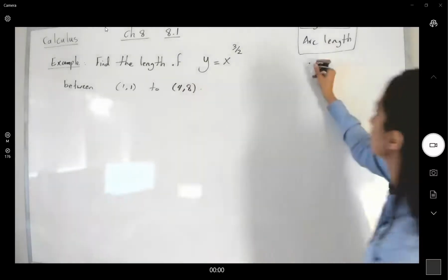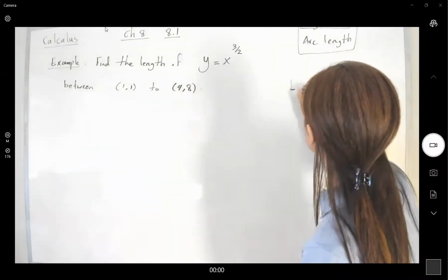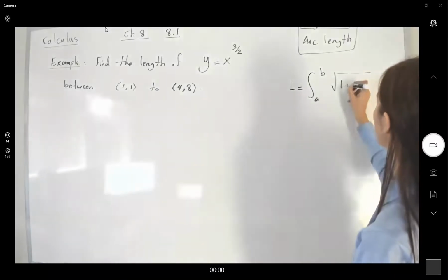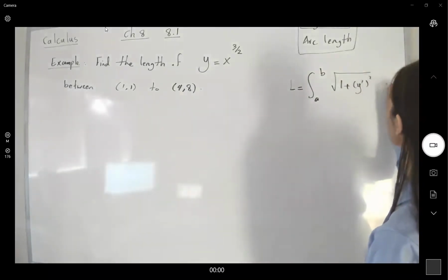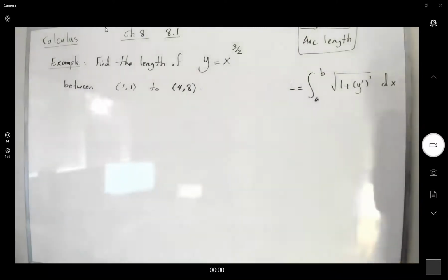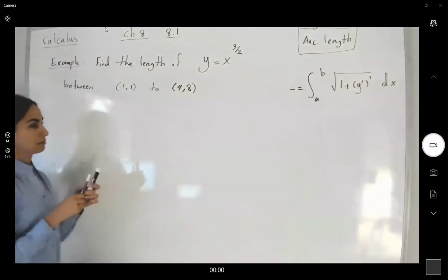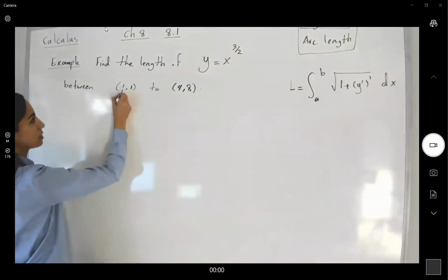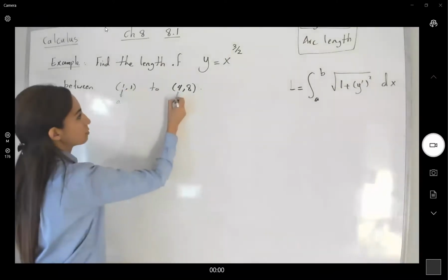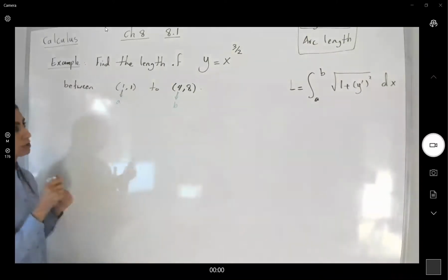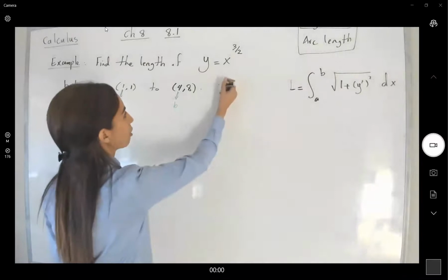So recall that the arc length, L, is the integral from a to b of the square root of 1 plus the derivative of the function raised to the second power dx. Okay, so everything is crystal clear. My x is bounded between 1 and 4. This is my a, this is my b, the initial point and terminal point, and taking the derivative is not that hard.